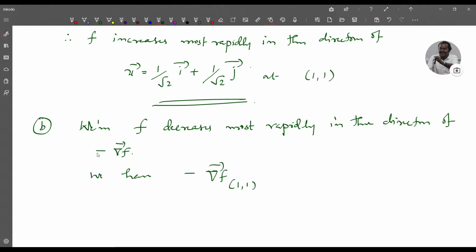We have minus del f at (1,1) is minus i minus j.